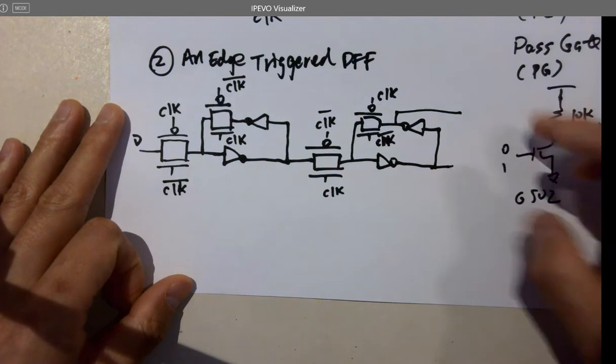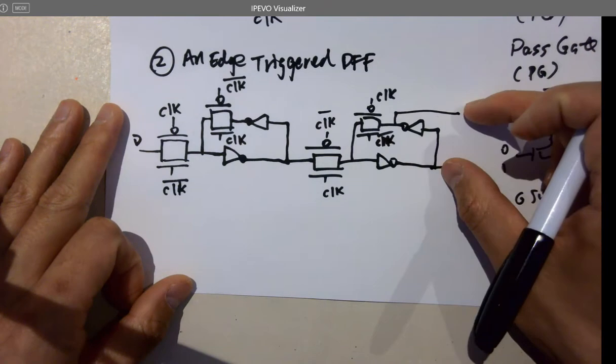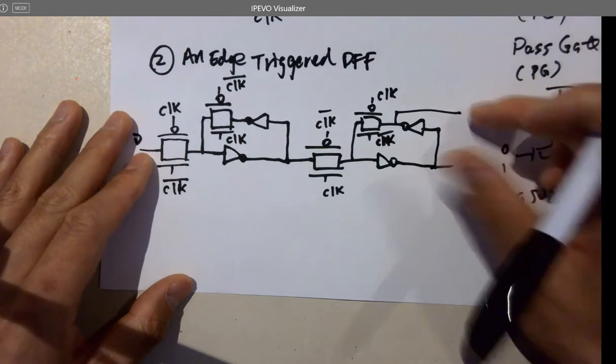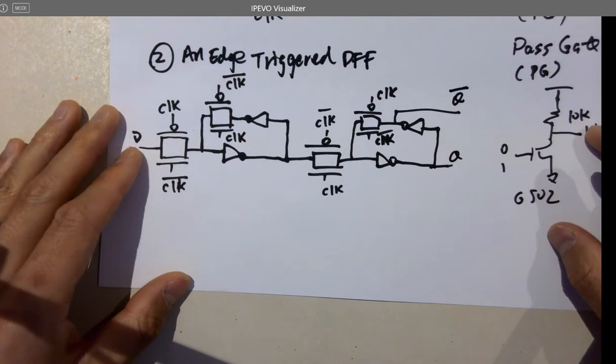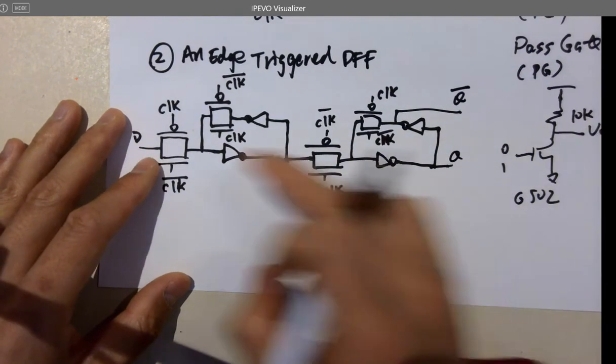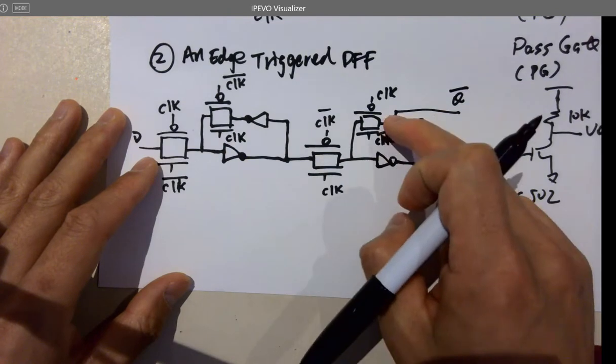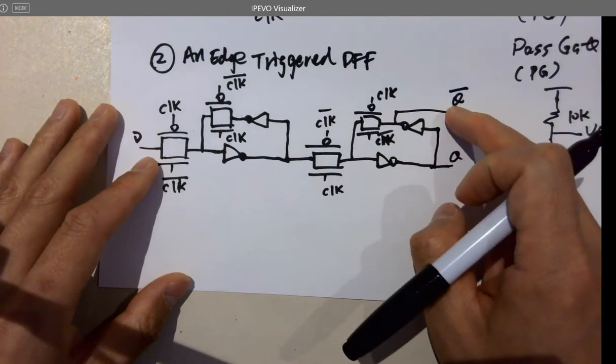Which is Q, which is Q bar? Yeah. Why? Yeah, inverted twice, and Q bar is inverted three times. That's why it's Q bar.